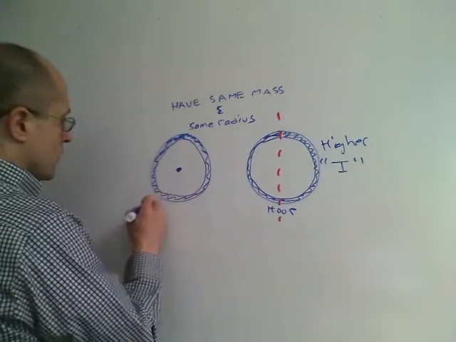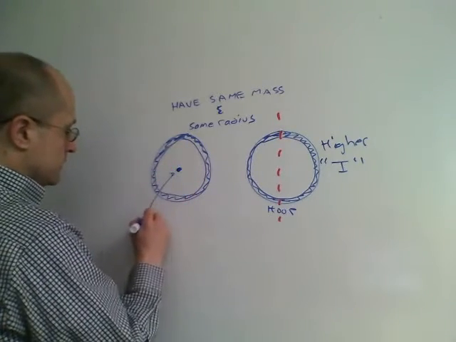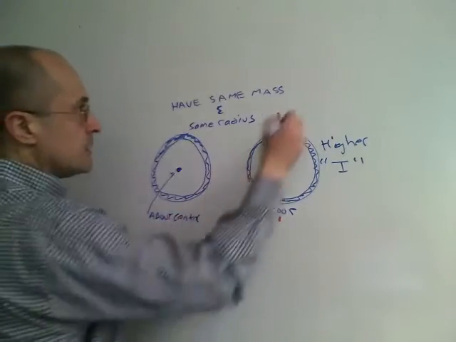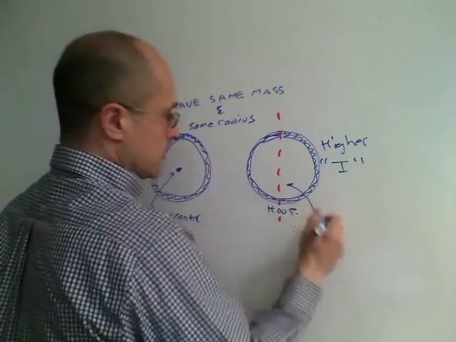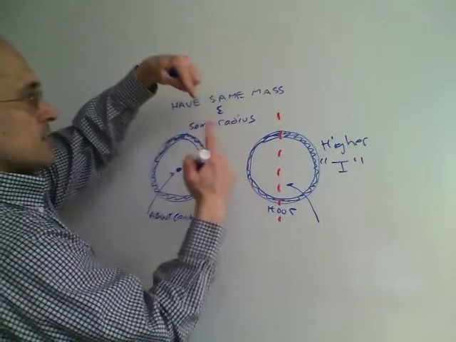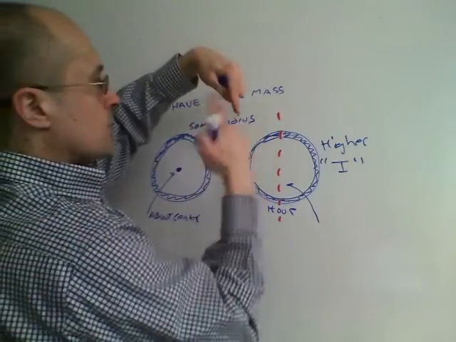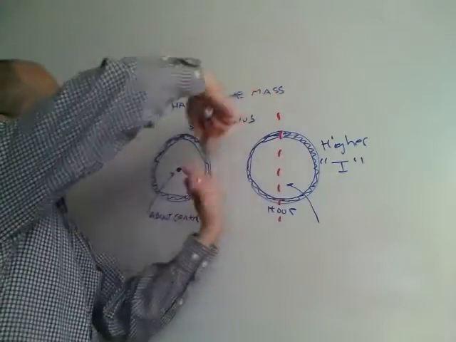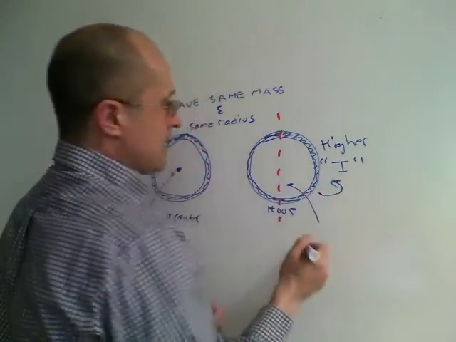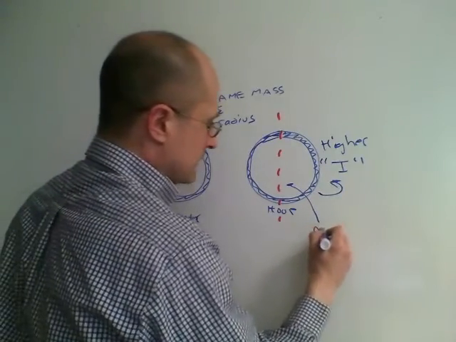This one we rotate about the center. This one, imagine taking a ring and having an axis and then rotating the hoop around this way. So it's going to rotate like that, about this axis.